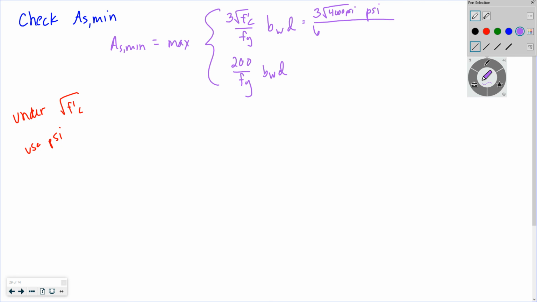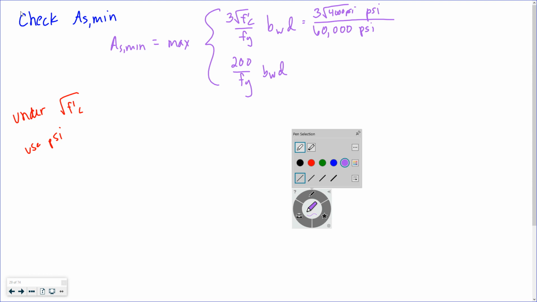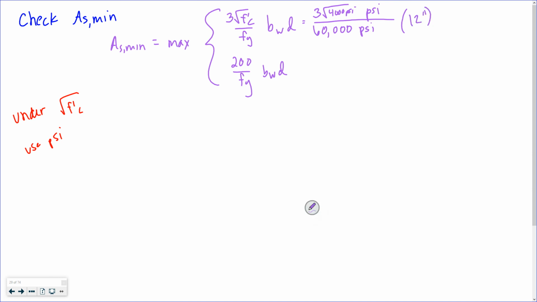So I need to use 60,000 psi instead of 60 ksi. bw is the width of my beam, which is 12 inches, and 17.5 is my d. I need 0.66 inches squared.